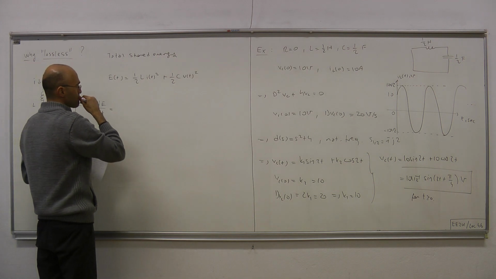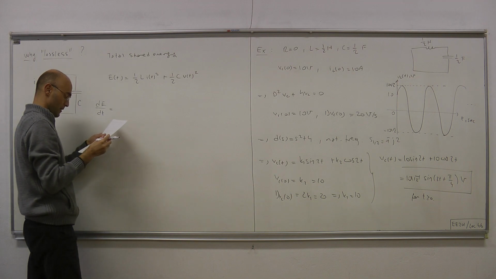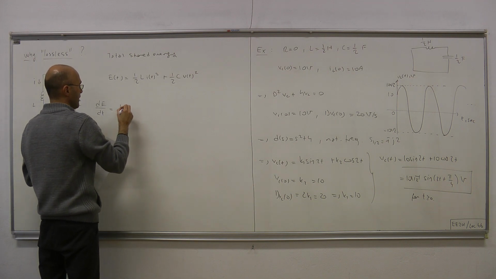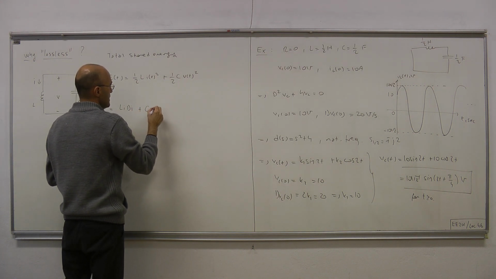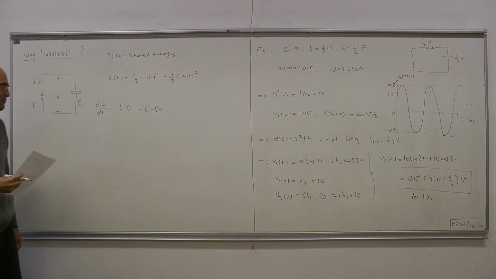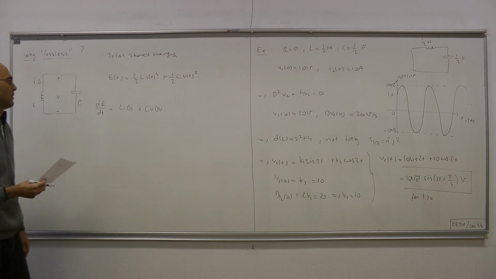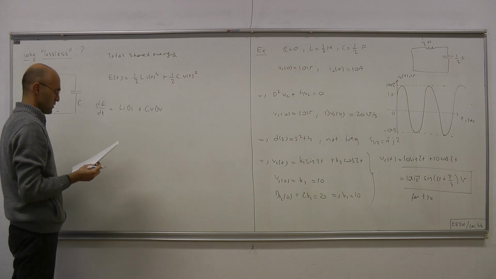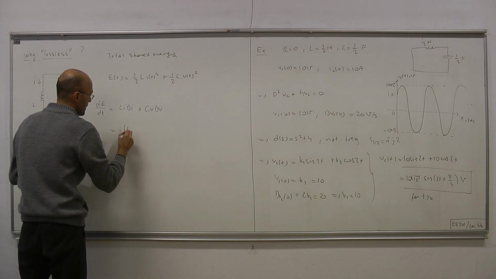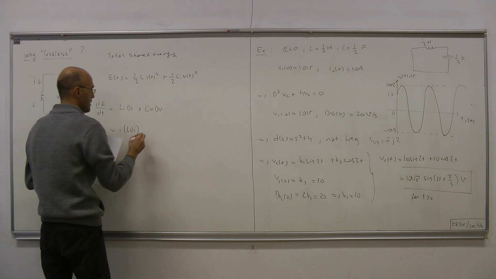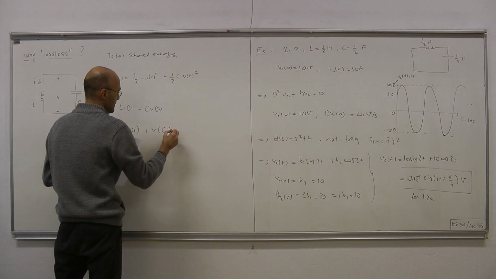So here we have L I dI plus C V dV. That's the derivative of this term, and this is the derivative of the stored energy in the capacitor. That we can write as I times L dI plus V times C dV.